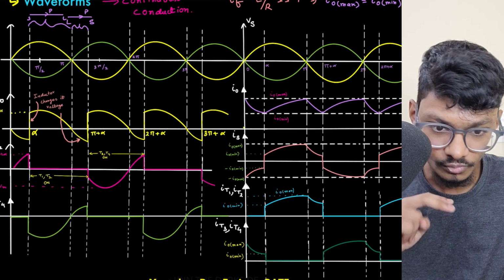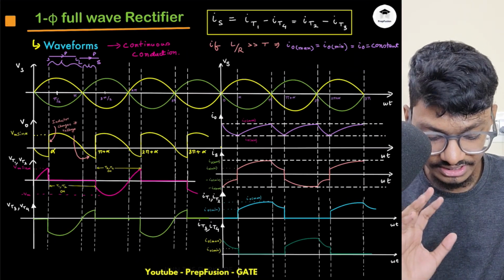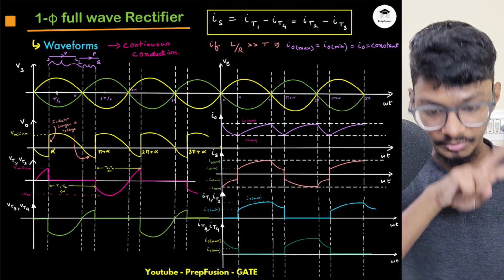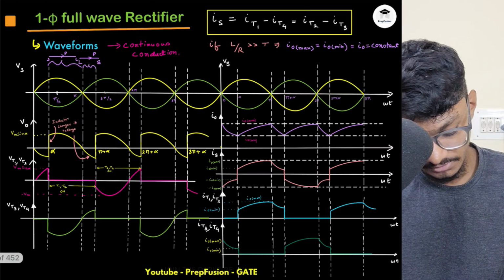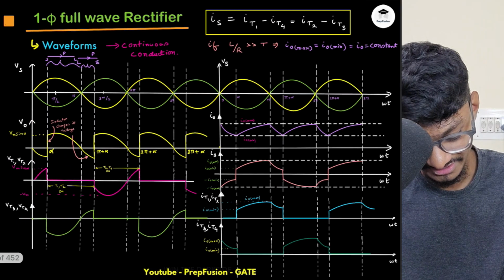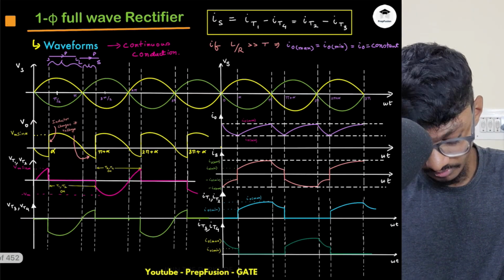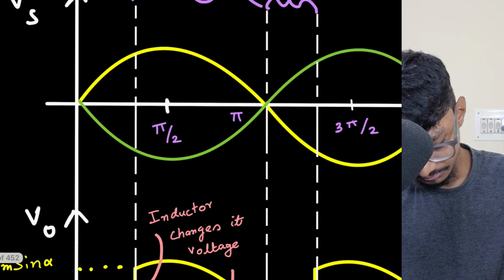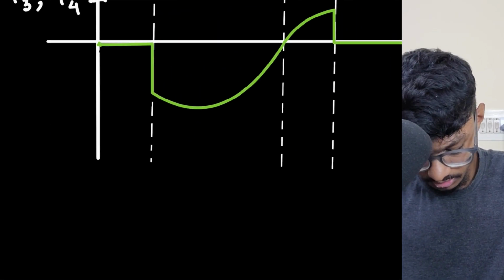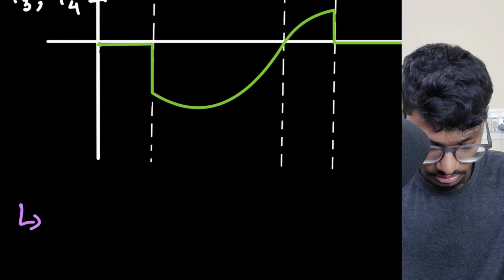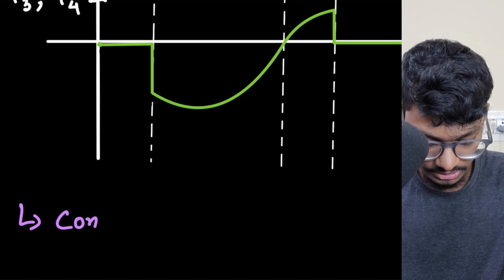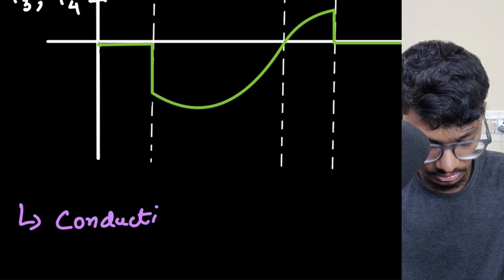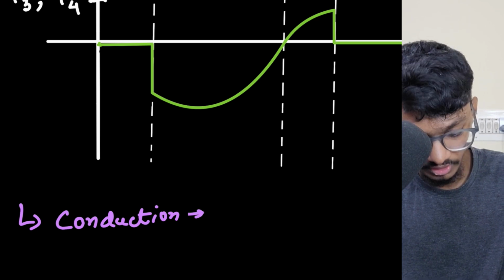at every stage, a natural pair will be on. So I will write here. Where can I write? I don't have any space. So I will write in the bottom here. Continuous conduction. One natural pair, right?